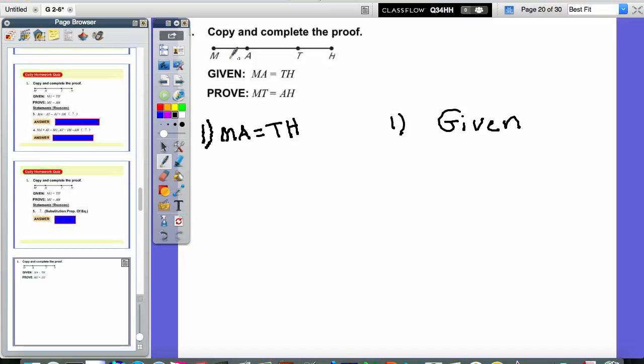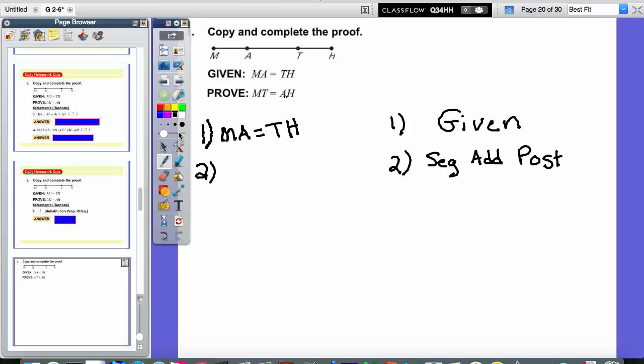Now, if MA equals TH and I'm trying to prove MT is equal to AH, I can see that MT and AH are made up of a series of smaller segments. So that immediately in my mind says to me I'm probably going to be using segment addition postulate.